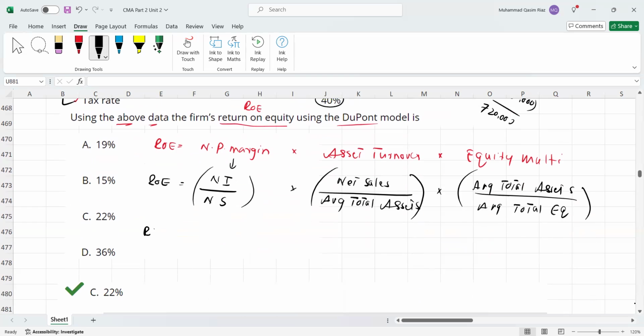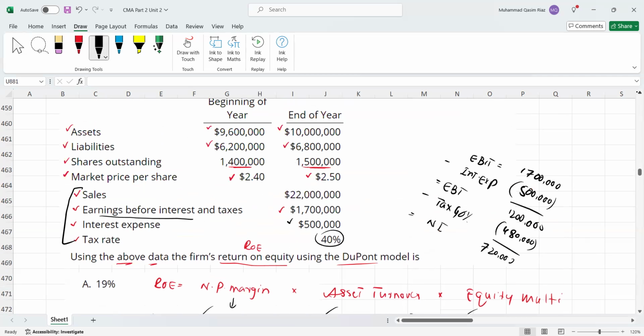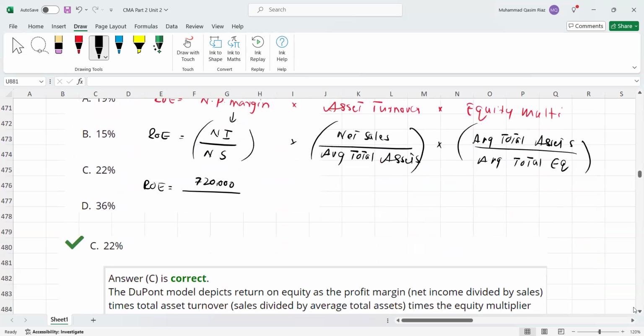So for return on equity, net income is 720,000 divided by net sales. Net sale is given in the question. It's sales, not net sales, but net sales means the sales after returns, right? So here we can assume the sales is your net sales, which is 22 million. So 720,000 divided by 22 million.